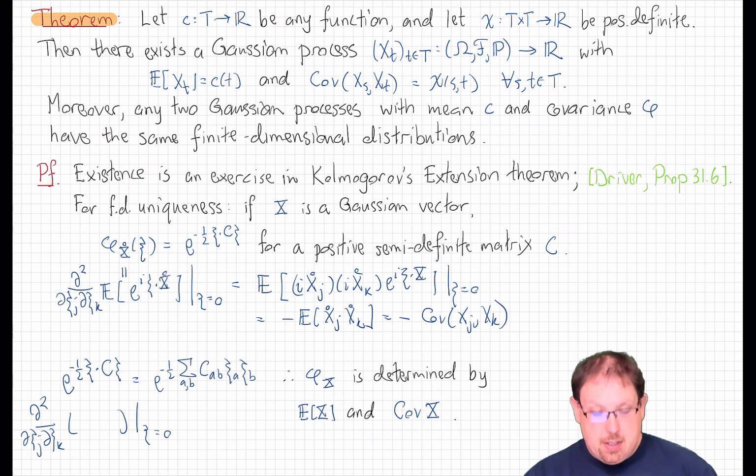And I'm going to leave it to you or to your calculus students to compute that and see that it turns out to be minus Cjk. So therefore, Cjk is equal to this. And this matrix C that we get here is the covariance here.